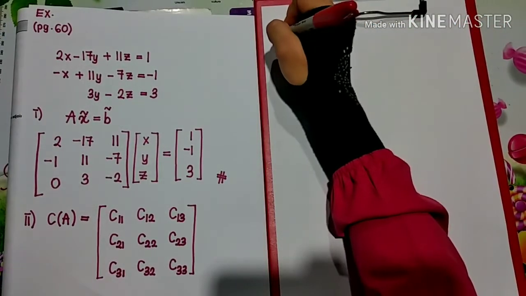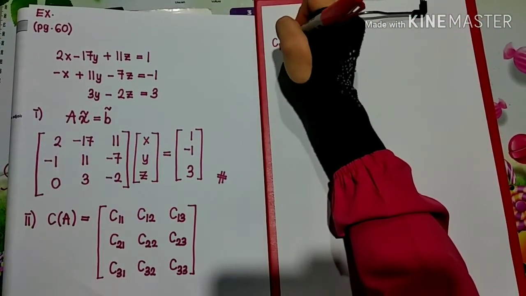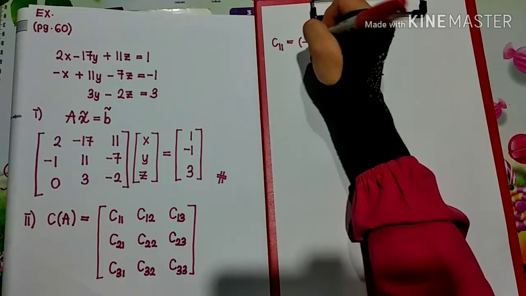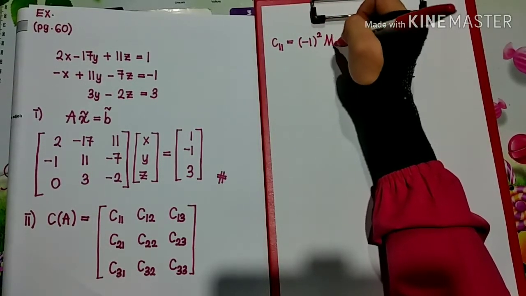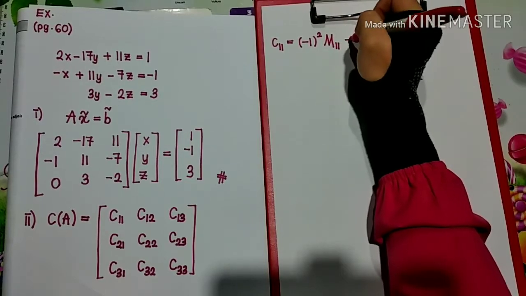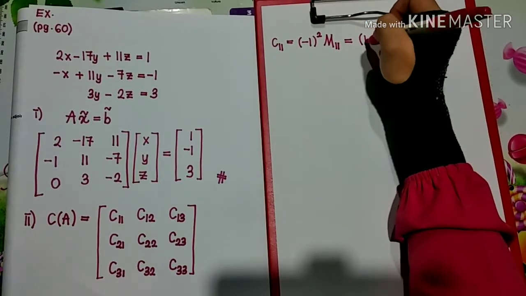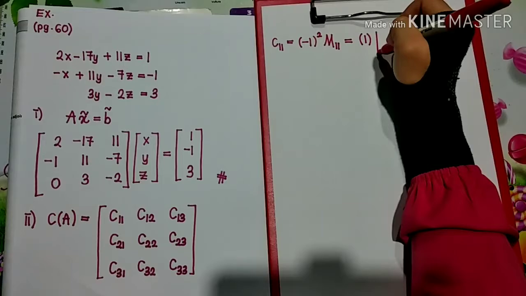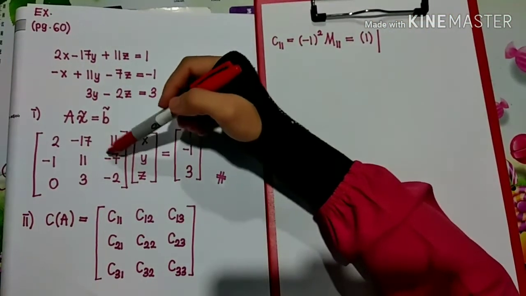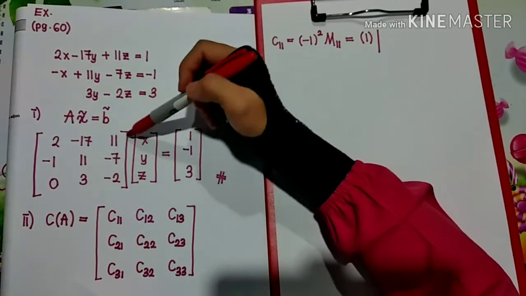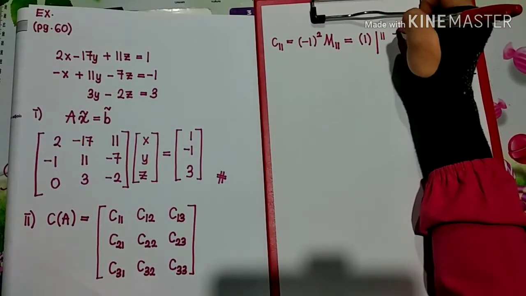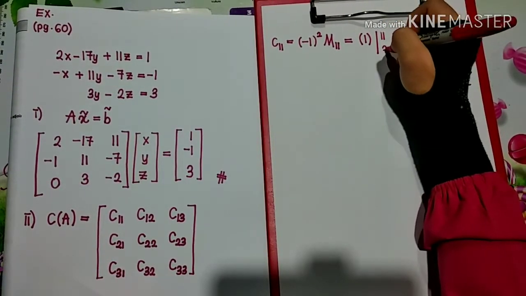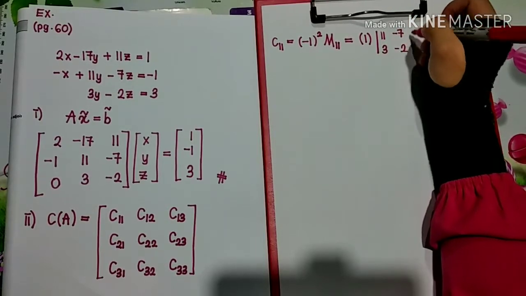Alright, so we find C11 first. Negative 1 power 2, and then we find the minor M11. Negative 1 power 2 equals 1. And M11, from this matrix A here, you delete the first row, first column. So what you will have here: 11, negative 7, 3, negative 2.